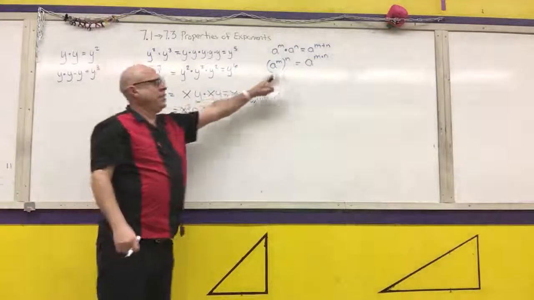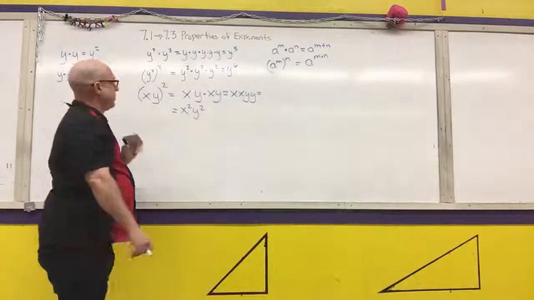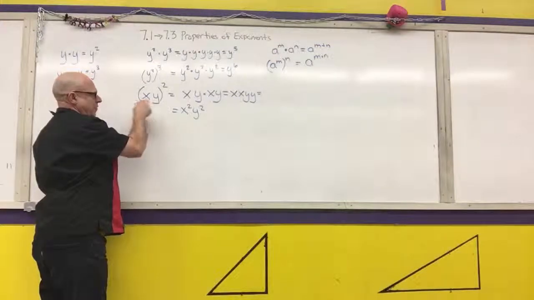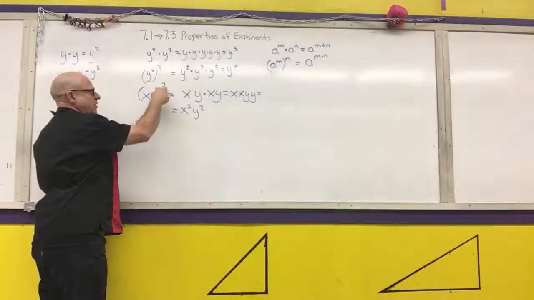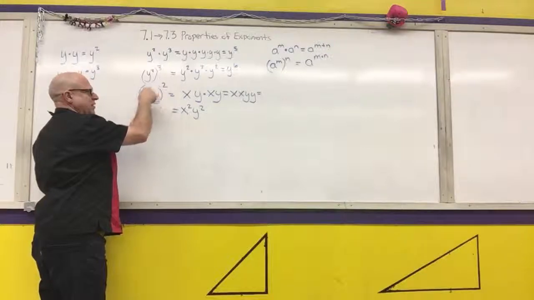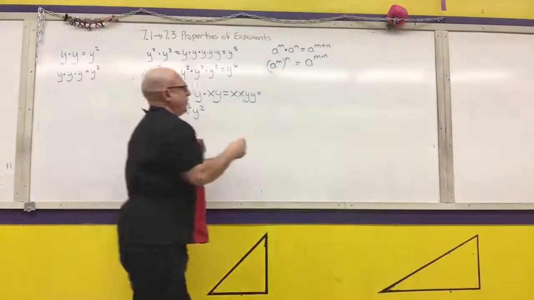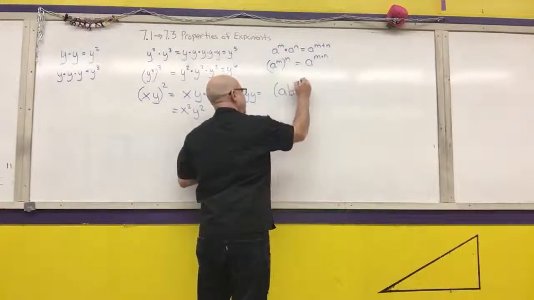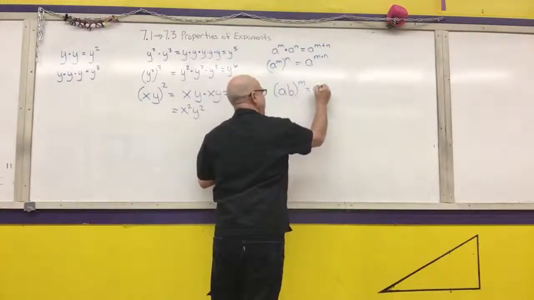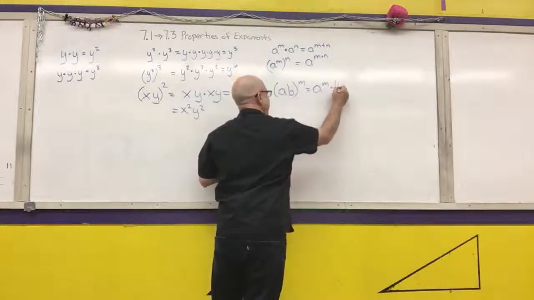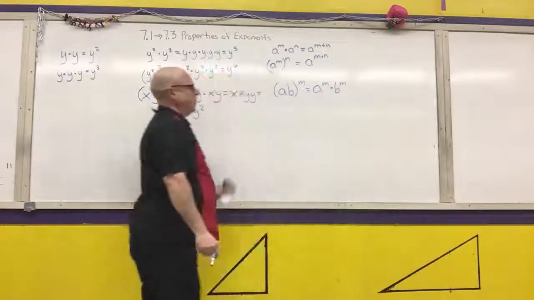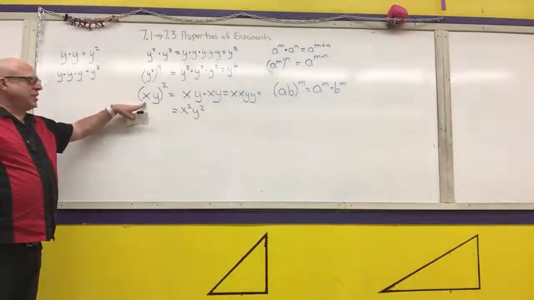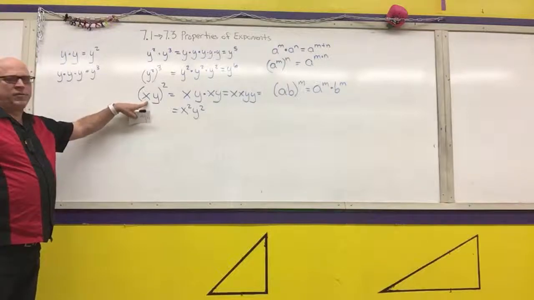Once you know what the property is, you can directly use the property. So what this is saying is that if you have a multiplication problem of numbers or variables, the exponent that's outside the parentheses applies to each of the variables. So I'm going to write (ab) to the m is equal to a to the m times b to the m. This does not work for addition or subtraction inside the parentheses. It only works for multiplication.